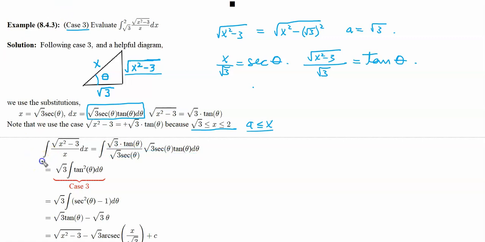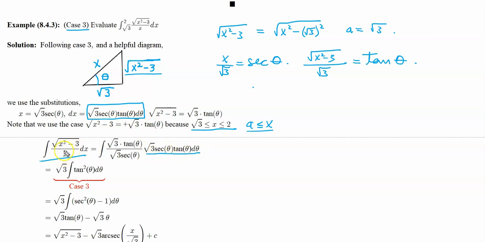Okay? Now, with these substitutions, we're first going to evaluate the indefinite integral, and then we'll put our limits in afterwards. So for the square root of x squared minus 3, we substitute in root 3 tangent theta, so right there it is. The dx is root 3 secant theta tangent theta d theta, so right there is the dx term.